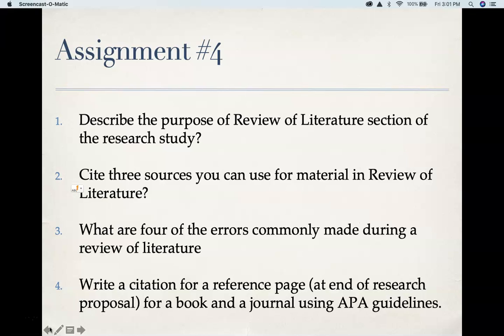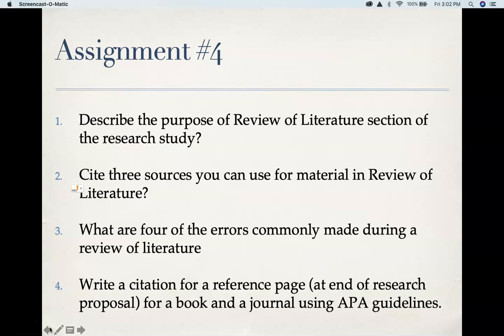So this is assignment 4. If you look on Blackboard, you'll see that there is no assignment 4 available because I just made it unavailable, and I put the questions here. The first question is, describe the purpose of a review of literature section of a research study. So in other words, what is the purpose of us making a Chapter 2 in our research proposal?